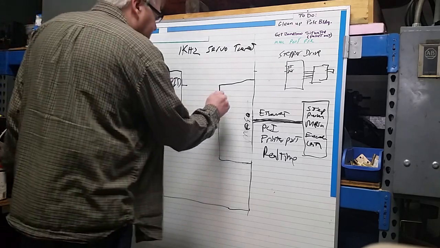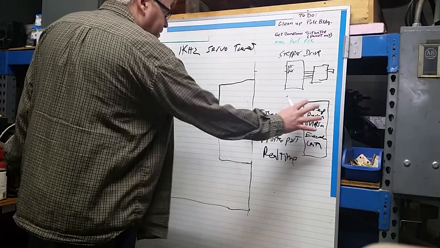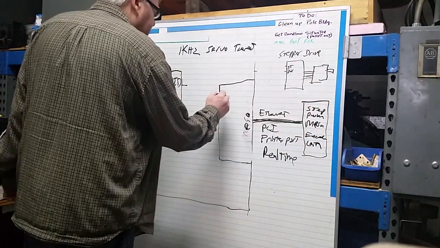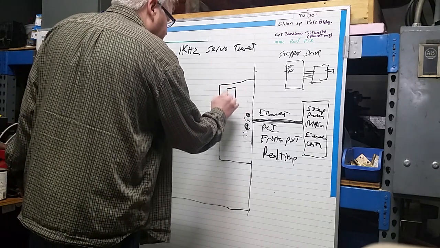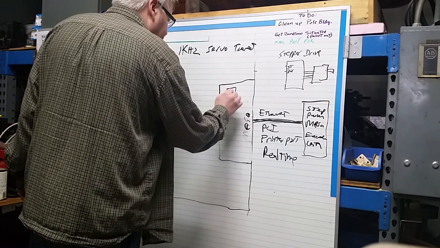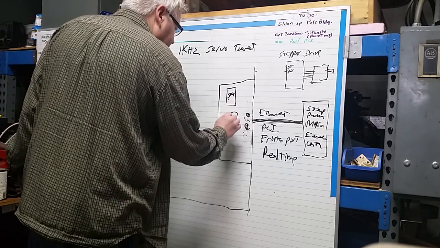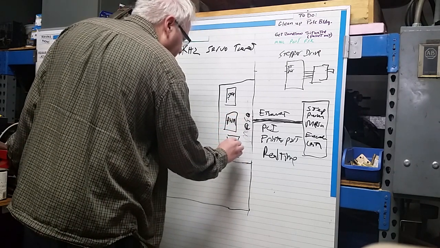And the Mesa software module has the stuff to communicate with the actual Mesa external hardware. So within the software part, you can configure step gen, PWM, and encoders, among other things.